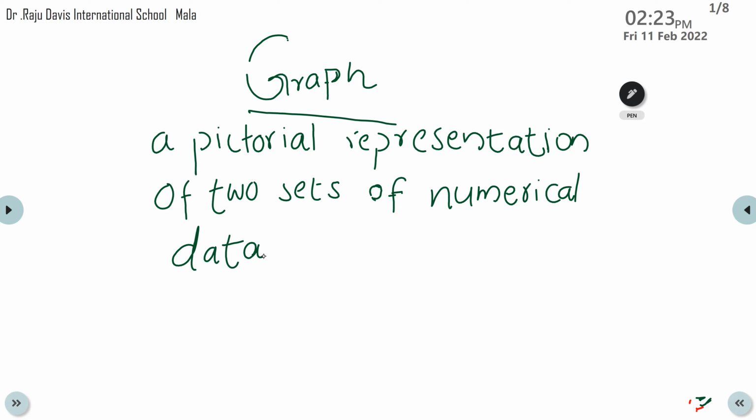So here we can define the graph like this. Graph is a pictorial representation of two sets of numerical data, right? Yes, it is a pictorial representation of two sets of numerical data.